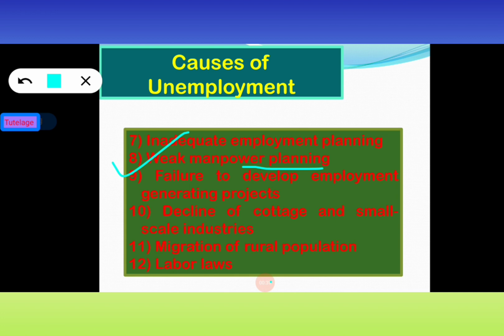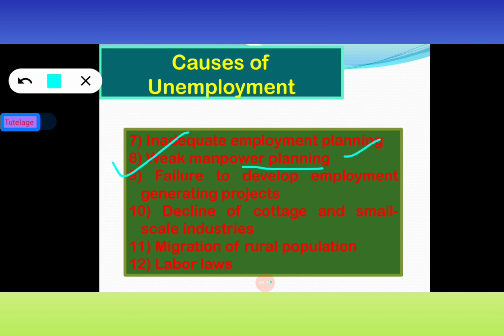Weak manpower planning has also led to the problem of unemployment, because manpower planning refers to the proper balancing between manpower needs and availabilities in the various fields such as doctors, engineers, administrators, business executives, etc. And there have been significant imbalances in the different spheres of educated and trained personnel, but not much has been done to overcome these imbalances. So that's why weak manpower planning is one of the most important reason of unemployment.